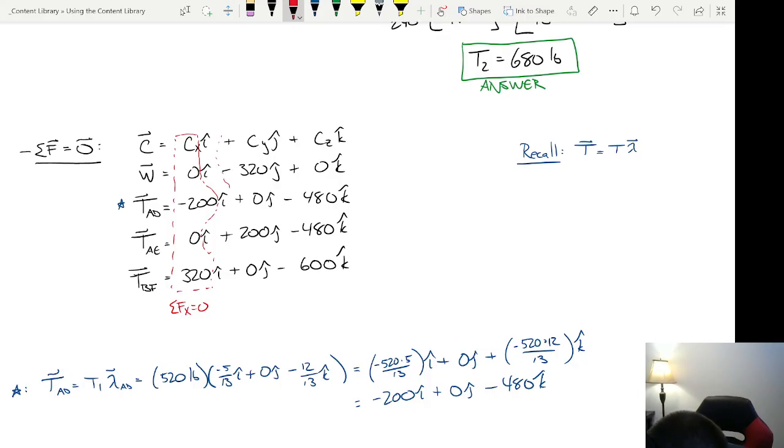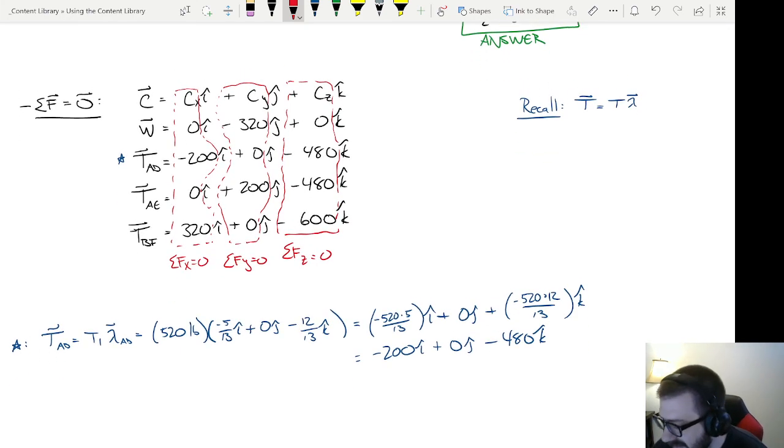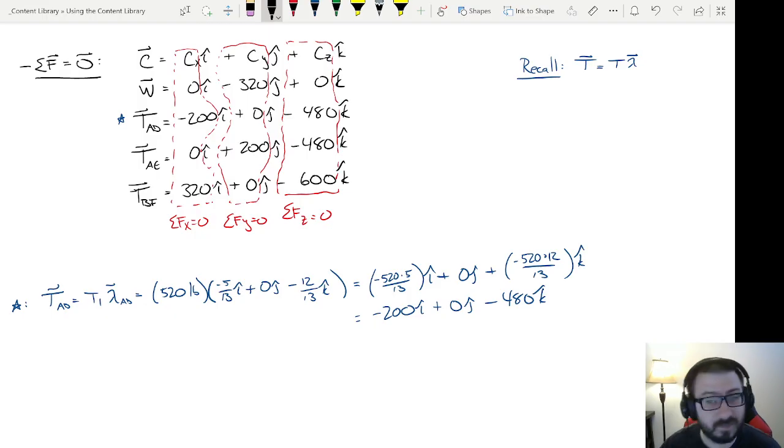Let me make sure I'm capturing the signs, because I didn't use parentheses when I handled that. This is the sum of the forces in the y direction equals 0, and this is the sum of the forces in the z direction equals 0. Again, a little messier than I would have liked, but you can kind of see how that works.